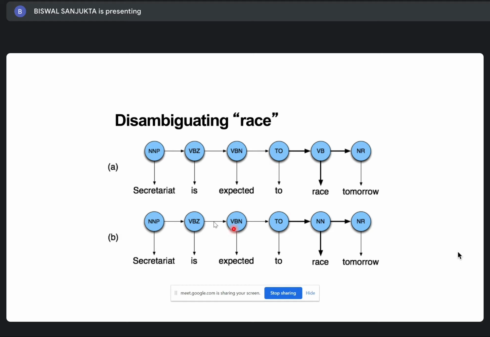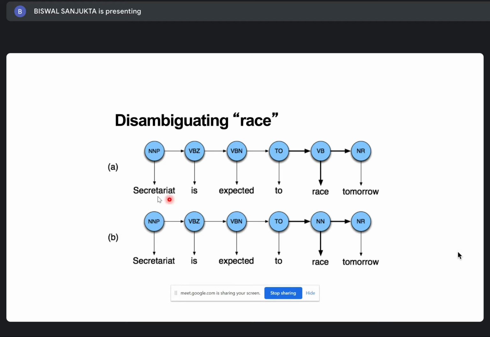If you see the same sentence given here and compare the difference in the tags, the difference is only that in this case it is a verb, whereas in this case it is a noun.